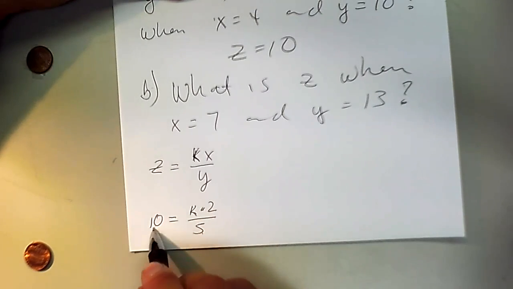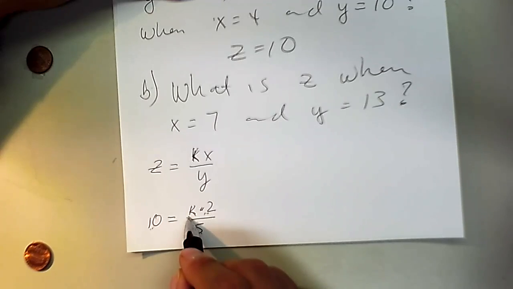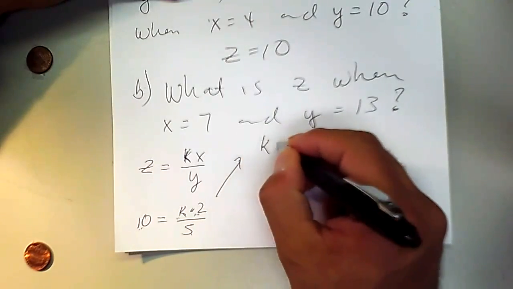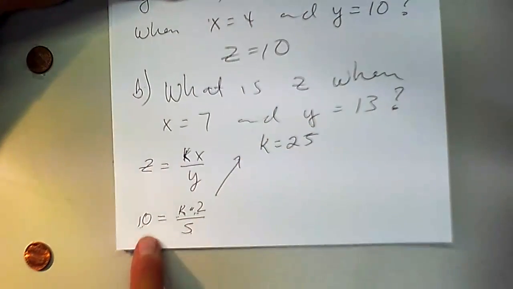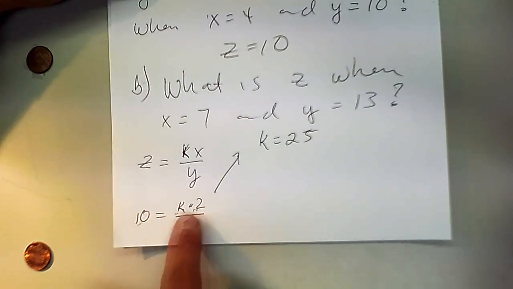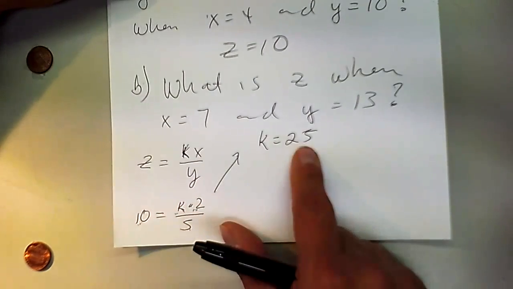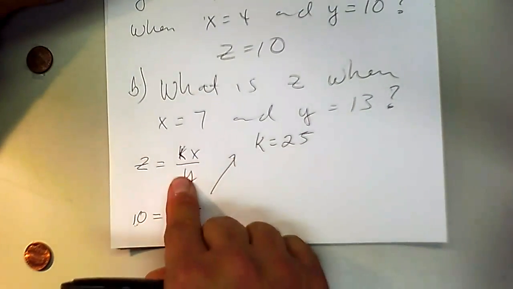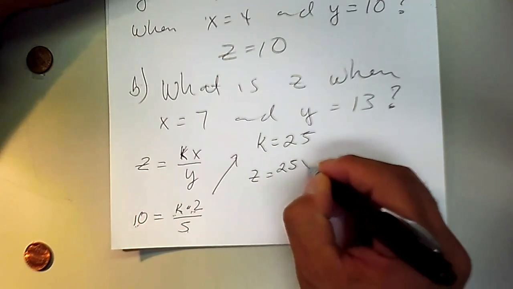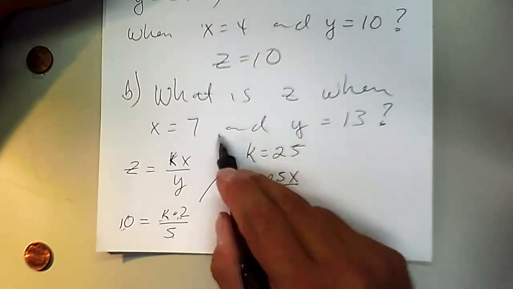Multiply by 5, we get 50 equals 2k. Divide by 2. 50 divided by 2 is 25. That means that k has to be 25. Okay, so this equation now becomes z equals 25x over y. And now we can plug in those numbers.